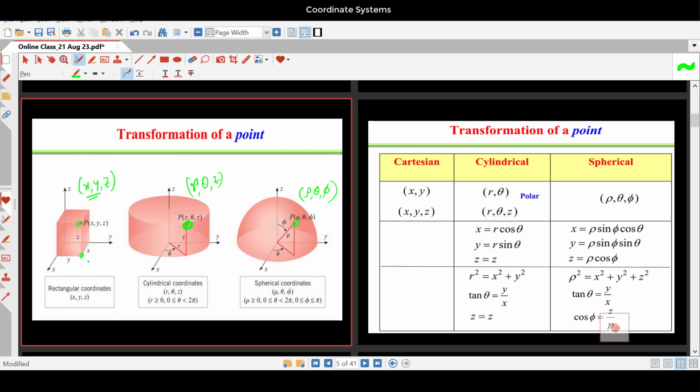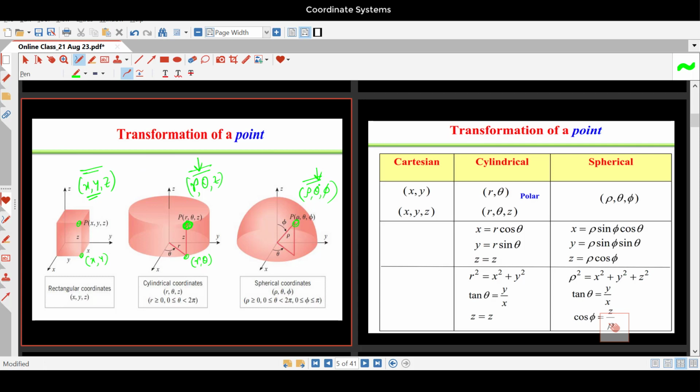If we think about a point in Cartesian 2D, that is x comma y, then that point can also be r comma theta, that is the polar form. If we have Cartesian 3D, then the point is x comma y comma z. Cylindrical 3D, the point is denoted by r comma theta comma z. Spherical 3D, that is rho, theta, phi. One thing is that this theta is one kind of angle.